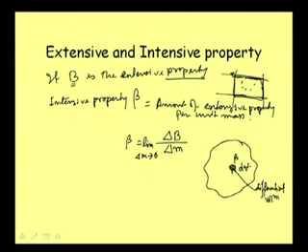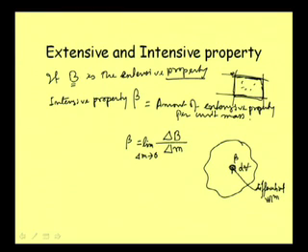Well, now this differential volume has some intensive property beta. Now, knowing this intensive property beta, we can find out the extensive property of the entire control volume, the corresponding extensive property.